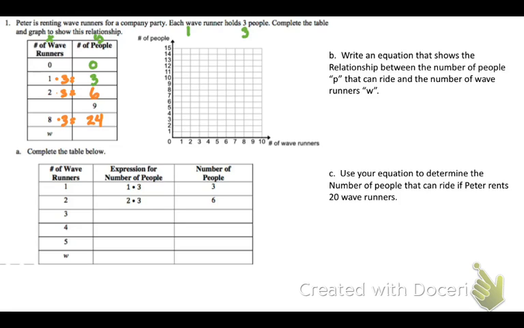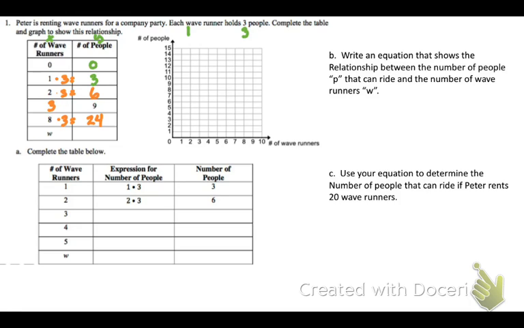They did skip, so you just can't go down by 3s every time. What about this 9 situation? It says I have 9 people. Well, how many wave runners? If I have something on the left side, I times it. The opposite of timesing is divide. So I'm going to divide 9 by 3, and I'm going to get 3.